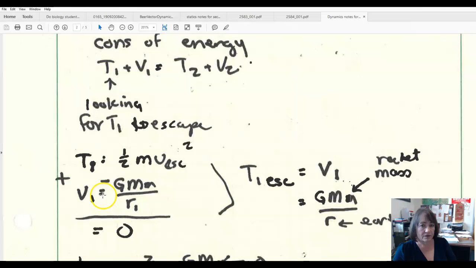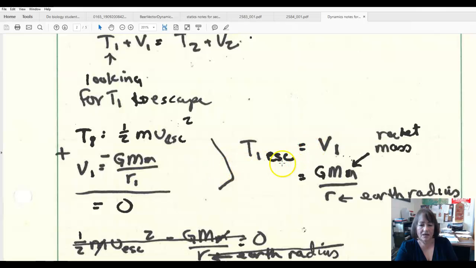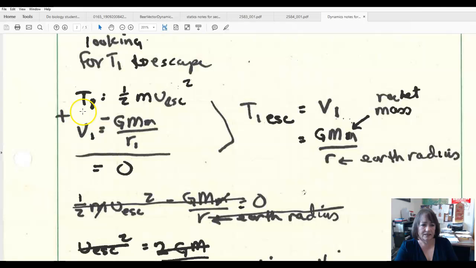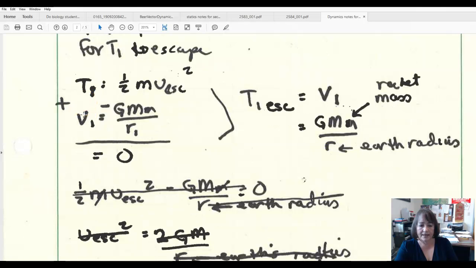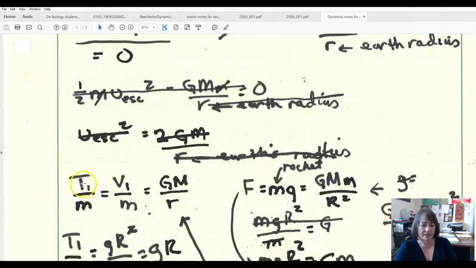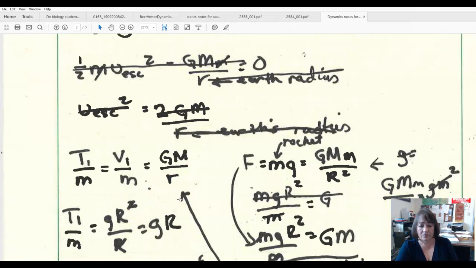We know that V1, or the potential energy on Earth, is negative GMm over r. So what we're really looking for here is T1 over m. If we say that's kinetic energy per unit mass, then it's going to equal that initial potential energy per unit mass, which is equal to capital GM over r.